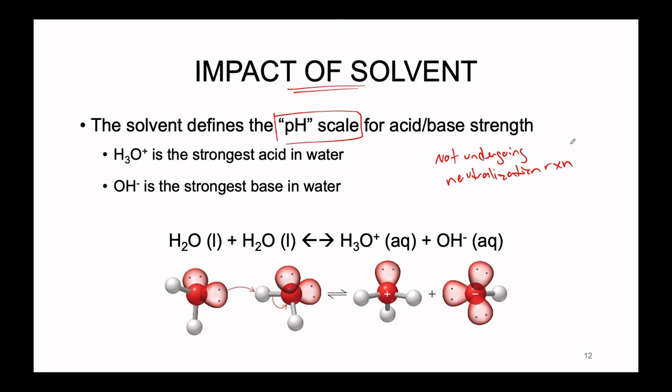We're just taking an acid and dissolving it in water, or taking a base and dissolving it in water, where the water is going to act as the corresponding base or acid respectively. But we can see in this chemical reaction down below that even if we don't have an acid or a base present, water is going to be able to react with itself reversibly, where one of these waters is going to reach out and take an H plus from the other water that it is next to, giving us H3O plus and OH minus.